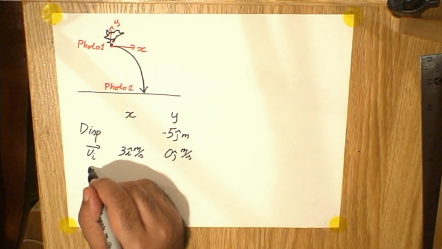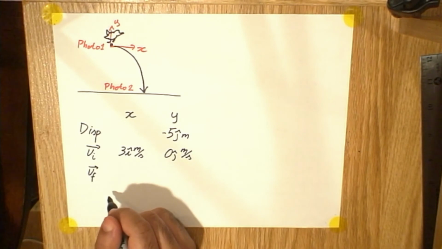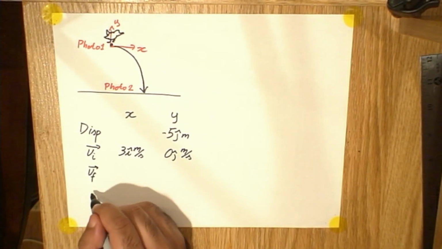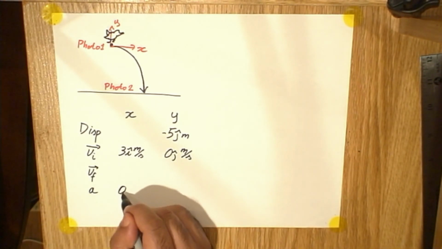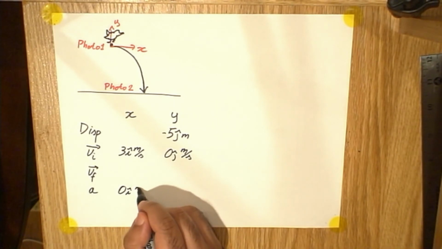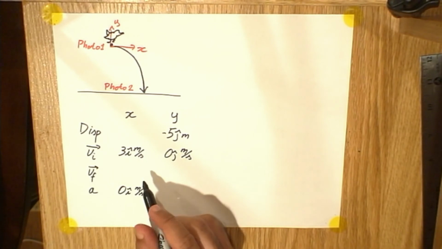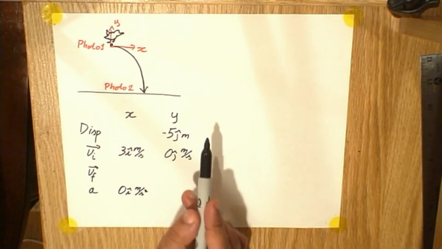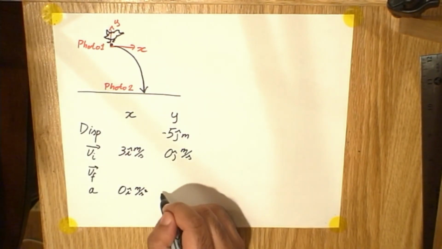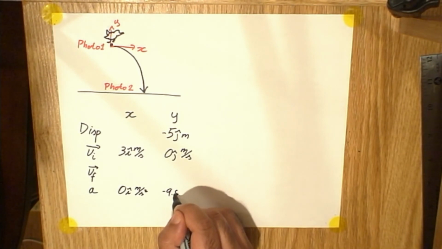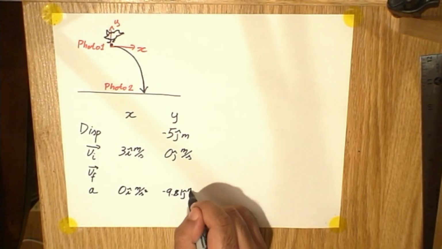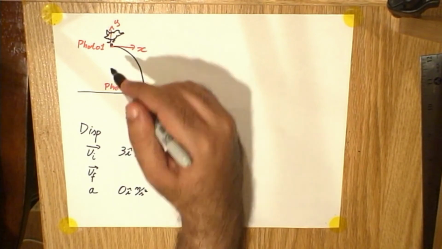The final velocities are unknown, and the acceleration would be the usual 0 i hat meters per second squared for the fish in the horizontal direction because it's not in powered flight, and negative 9.81 j hat meters per second squared because it's falling.